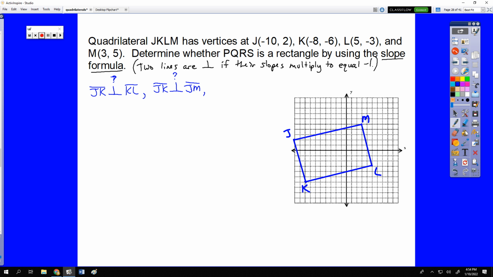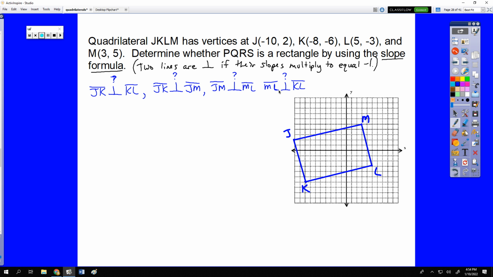We would need to show that JM is perpendicular to ML. And we would need to show that ML is perpendicular to KL, which we can do if we simply find the slopes of all four of those sides. So we're going to check these one at a time.